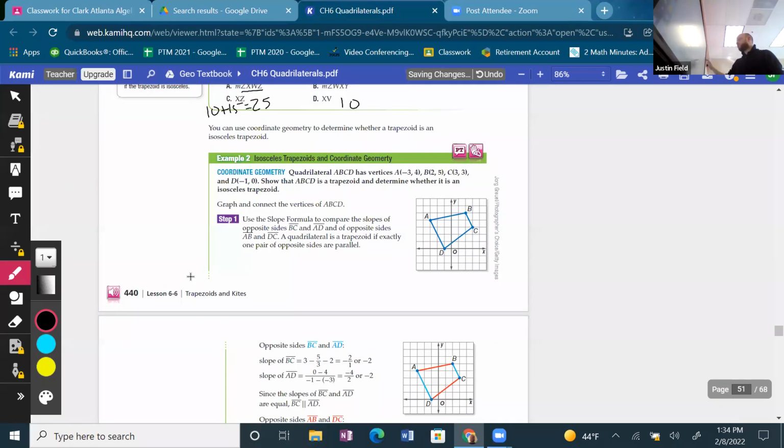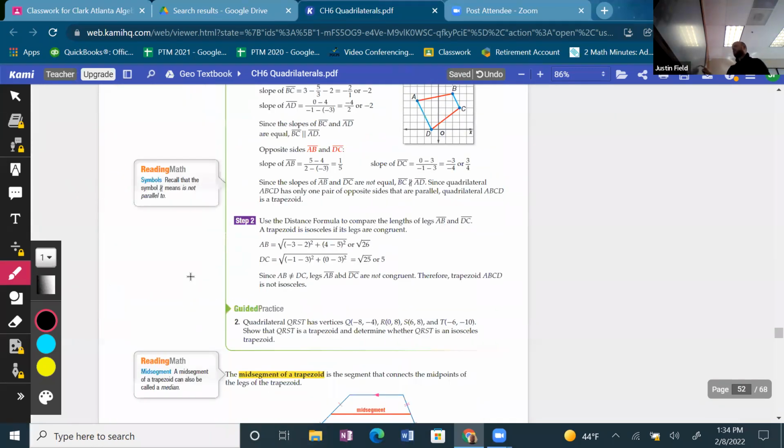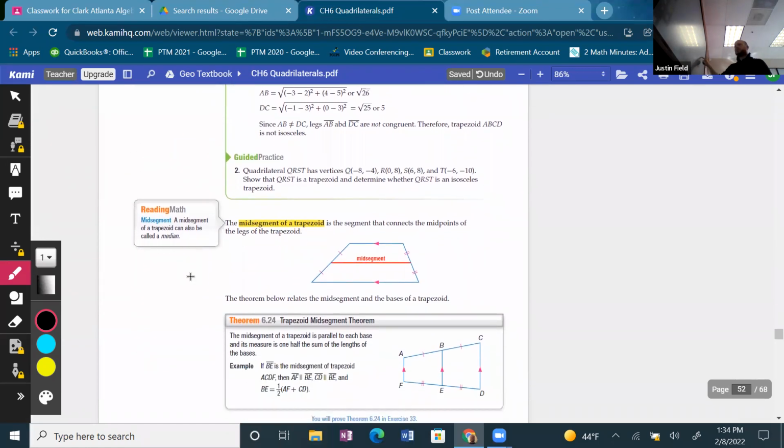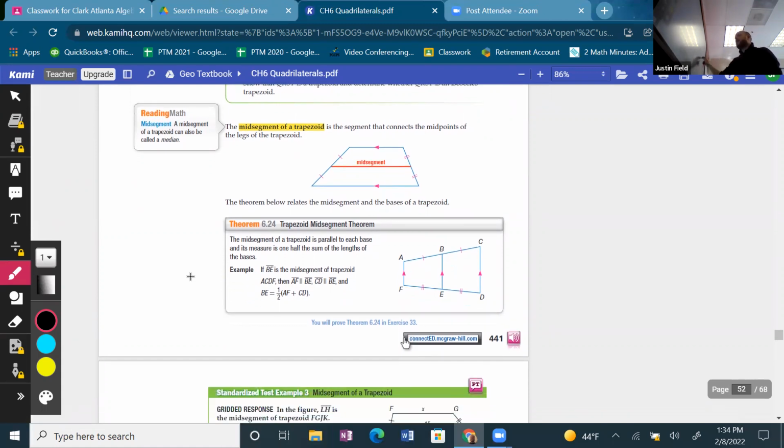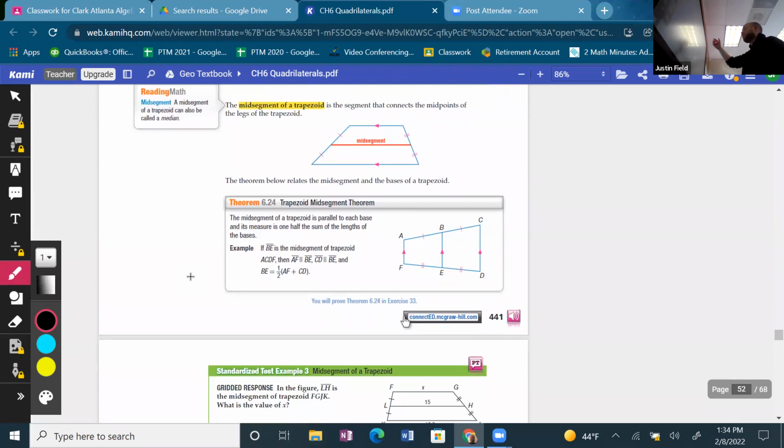All right. Coordinate geometry, we'll do that after quadrilaterals. But the mid-segment. Okay, so the mid-segment is right in the middle of the trapezoid. Works for all trapezoids, not just isosceles trapezoids. And it is 1/2 of the sum of the bases. So if we add the bases 2 and 10, then what would the mid-segment be?